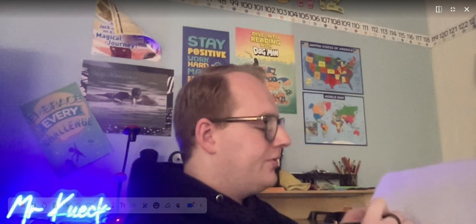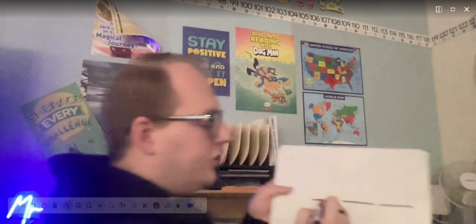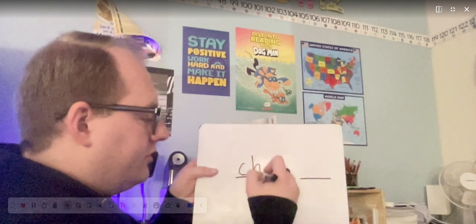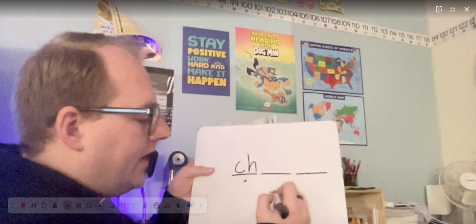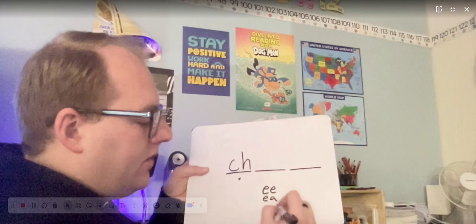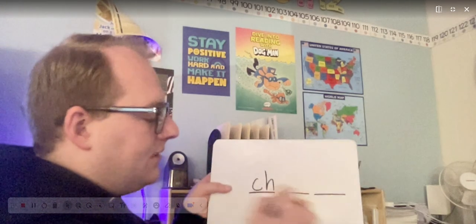The next word I am going to spell is going to be cheap. Cheap. I'm going to tap that. Ch-eep. Cheap. That's 3 sounds. Ch is spelled with a C-H. E. So again, I have EE, EA, or EY. This is in the middle of a word.